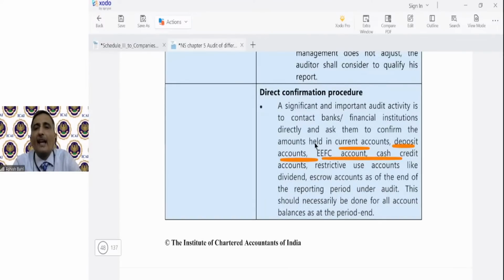EEFC accounts are exchange earners foreign currency accounts, where say exporters are allowed to keep some money in foreign currency depending upon certain conditions as stipulated by the RBI.